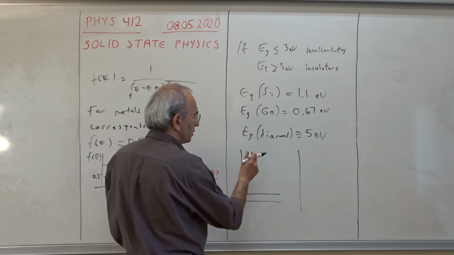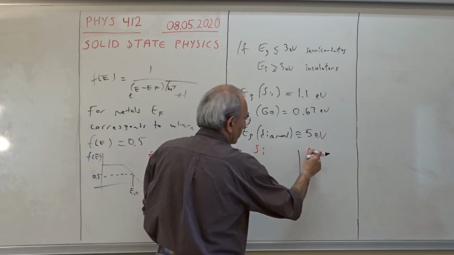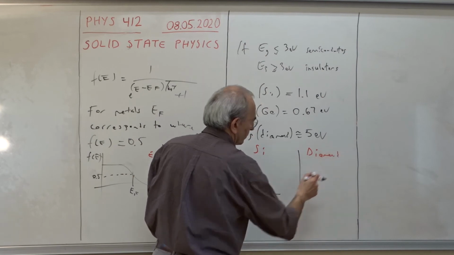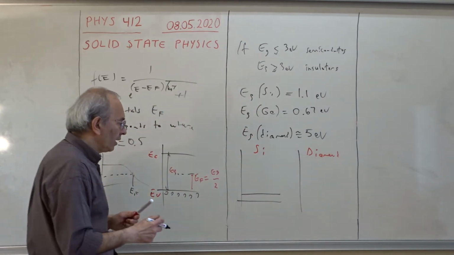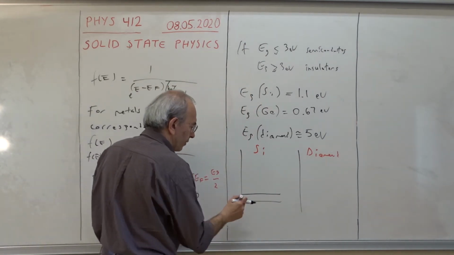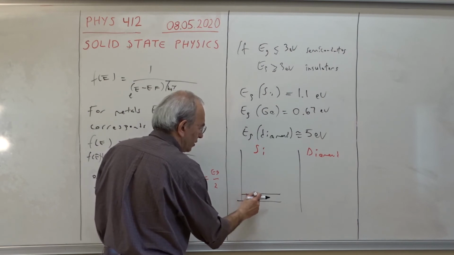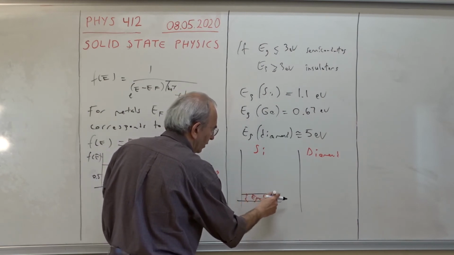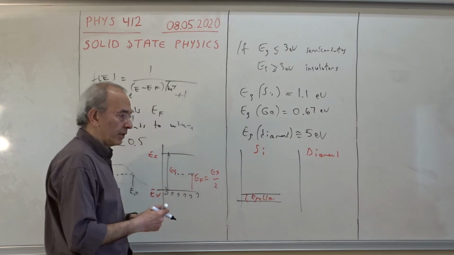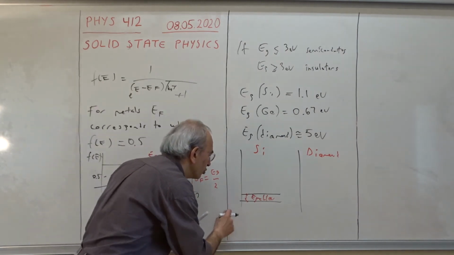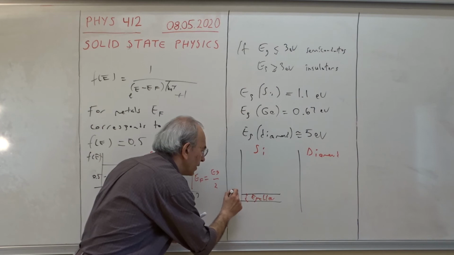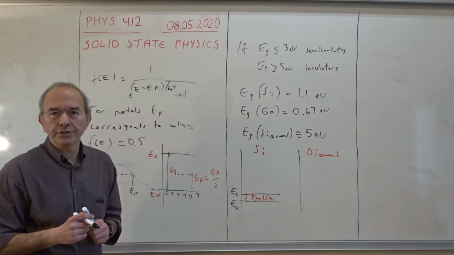Assume this is for silicon, this is for diamond. This length, let's say Eg is equal to 1.1 electron volt energy gap, because this corresponds to valence energy, this corresponds to conduction band energy.